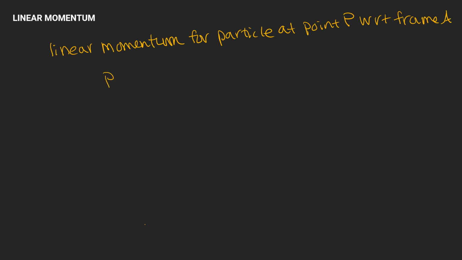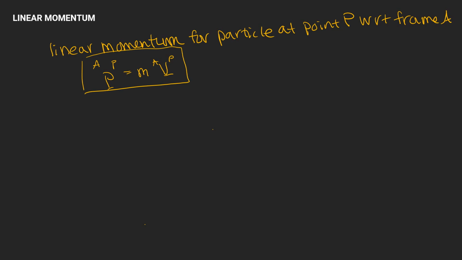We use a lowercase p to indicate linear momentum, even though there is no p in linear momentum. It just is what it is. So we've got our lowercase p for linear momentum, and that's the linear momentum of the particle at point P in frame A. And that is equal to the mass of the particle times its velocity in frame A. And so right here, this is our definition of linear momentum for a particle.